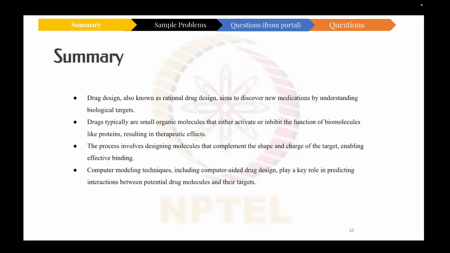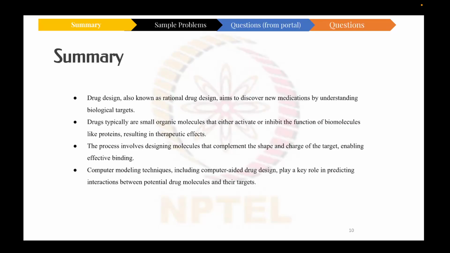So now with this I want to start with the concept of drug design. Drug design, also known as rational drug design, is a creative process aimed at discovering new medications based on understanding a biological target within the disease area or a person.